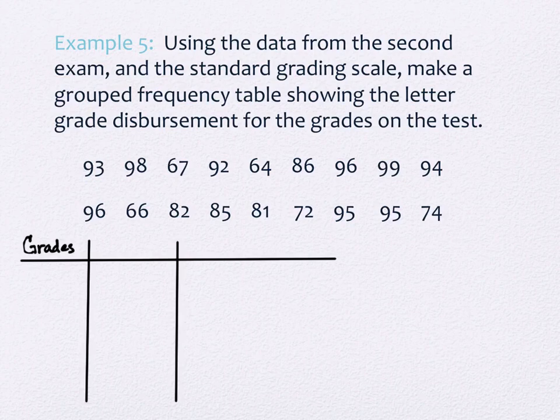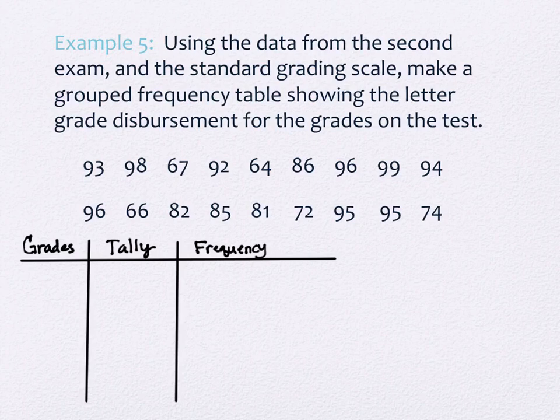In the middle, you've got what's called a tally column, and it's literally going to be tallies. And then on the right, you've got a frequency column. And frequency is just the numerical value associated with the number of tallies. Like you count them up and you write down 7 instead of writing 7 tally marks.